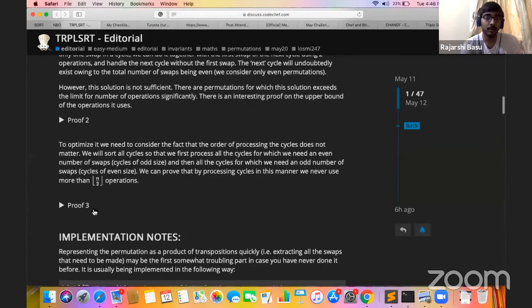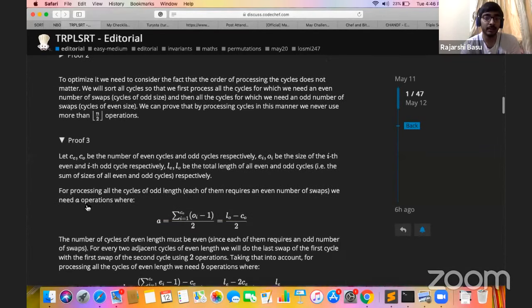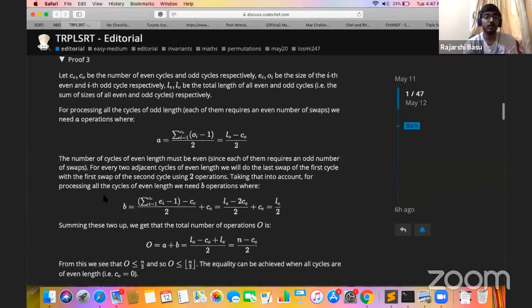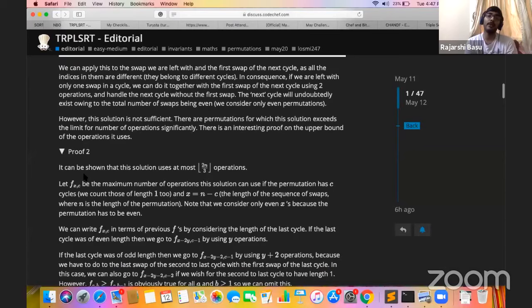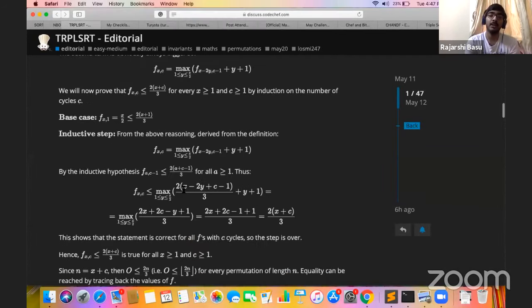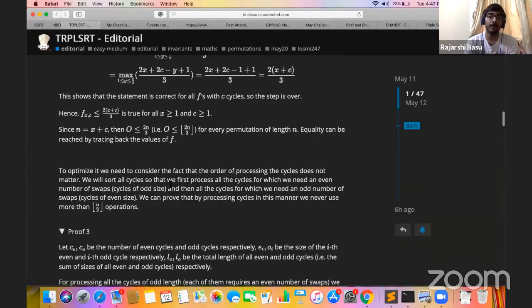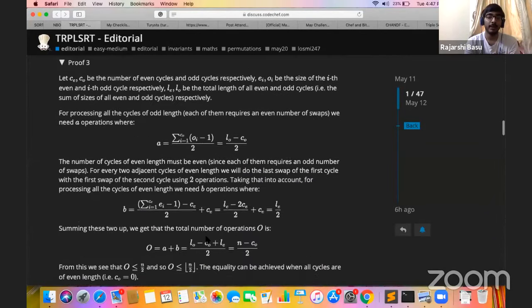in proof 2 and proof 3, where it shows how one order of processing is bounded by 2n by 3, and in another order it's bounded by n by 2.